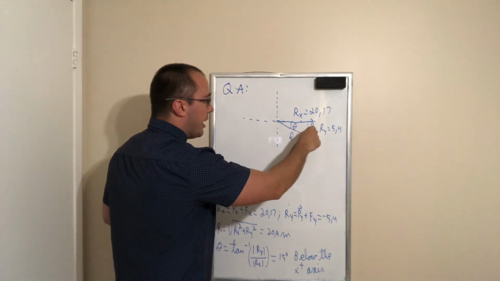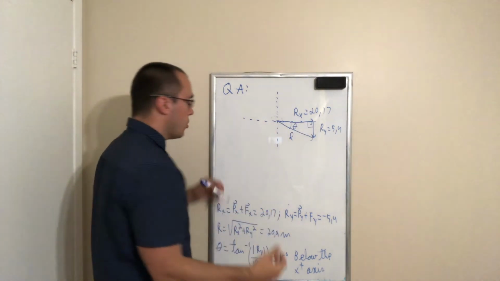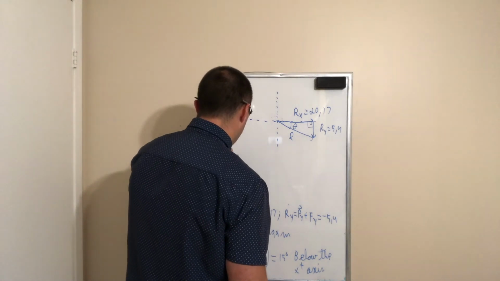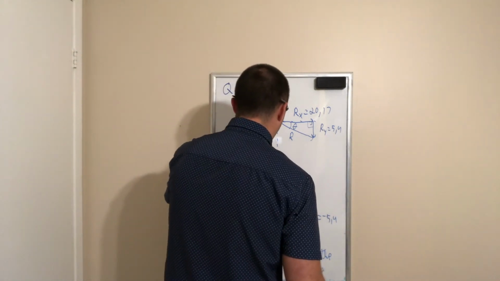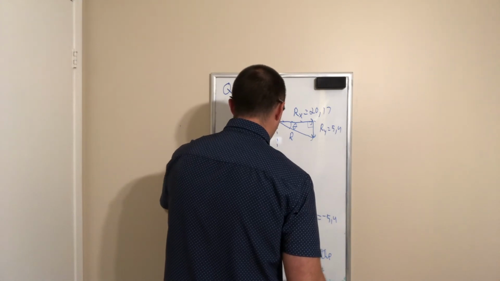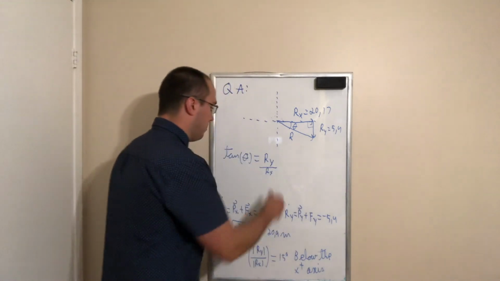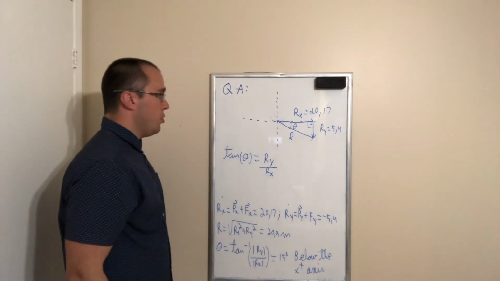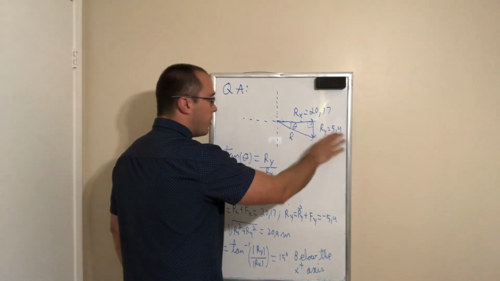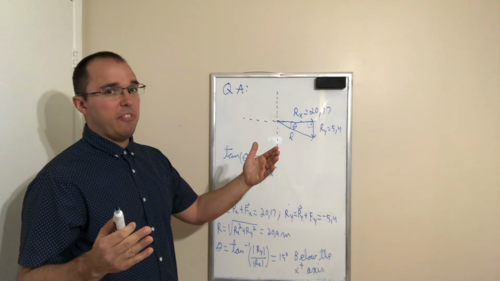If we want to find the relationship with these two sides, we need to use the tangent. So tangent of theta, in this case, is equal to Ry divided by Rx. This is another reason why I'm using the positive value here. If you were to use the negative value, in this situation, it will be fine.